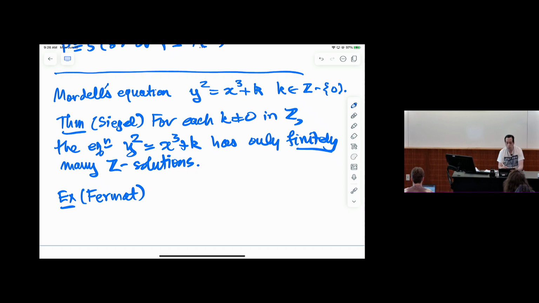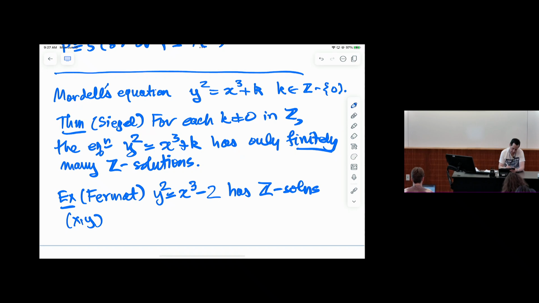Could they do it too? Was the equation y squared is x cubed minus 2. It has integer solutions 3 for x and plus or minus 5 for y, and that's it. Okay?